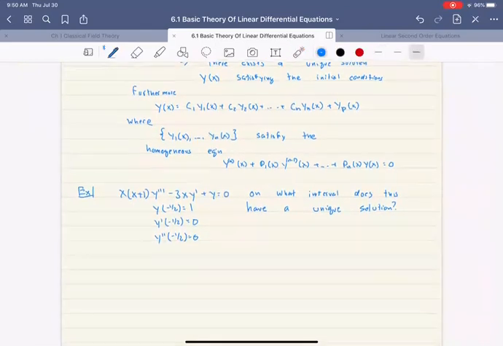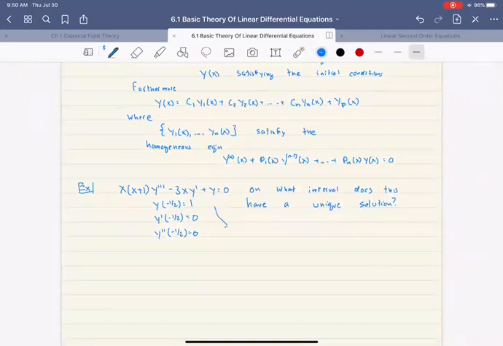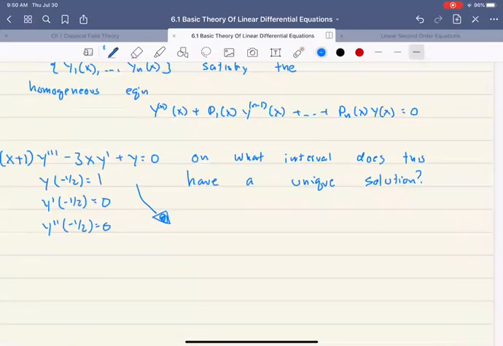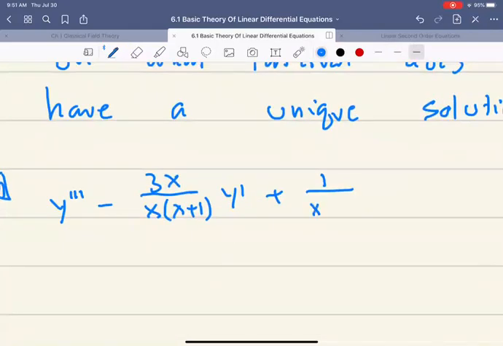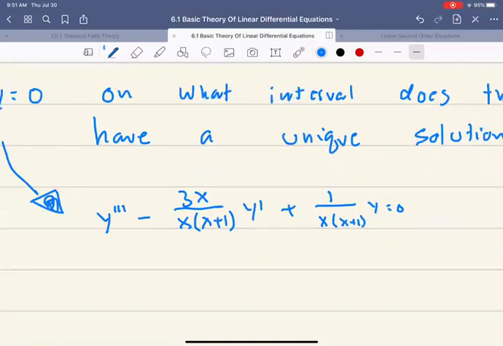So we're going to write this now as y triple prime minus 3x over x(x plus 1) y prime, plus 1 over x(x plus 1) y equals 0.